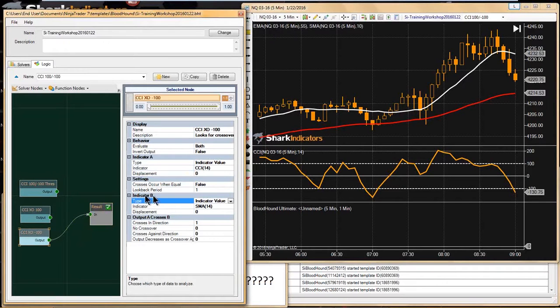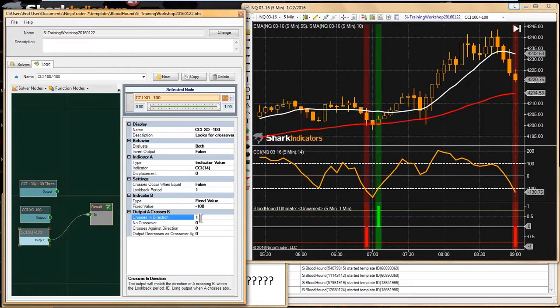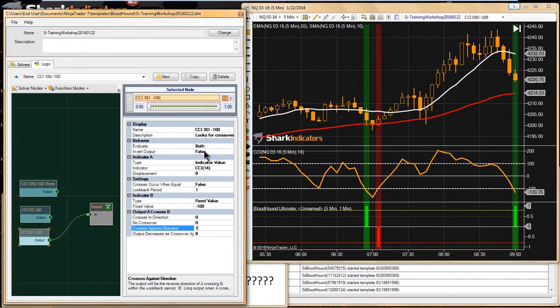And again, indicator B, we're going to set this to a fixed value, and this time we'll do the negative 100 value or threshold. And let's see, the other solver, we turned crosses in direction off, and we turned on crosses against direction there.